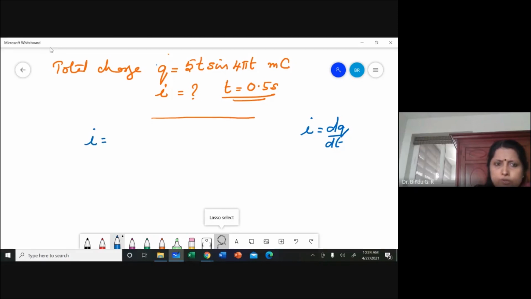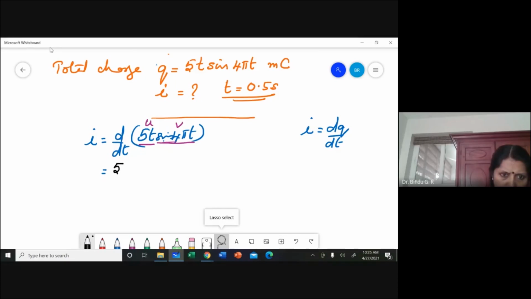I is equal to d by dt of Q, which is pi t sine 4 pi t. Pi sine 4 pi t plus, you are going to differentiate the other quantity.